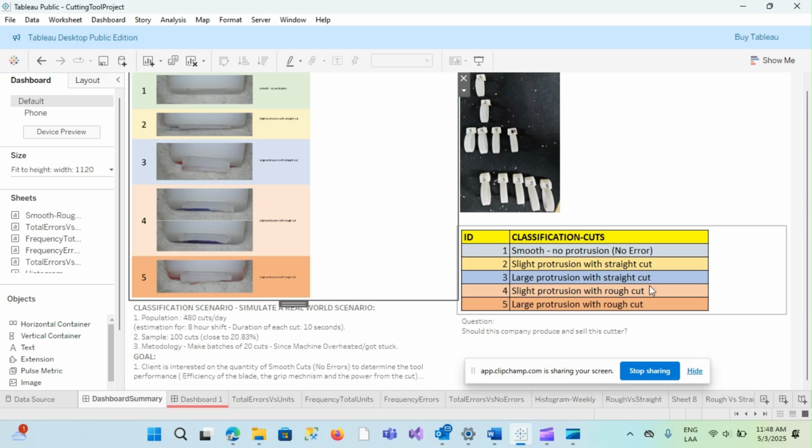That also gave the client an idea of how many straight cuts we have versus how many rough cuts we have. That gives them a sense of the range of not only errors, but also how this machine is working. Is it producing more rough cuts or straight cuts?